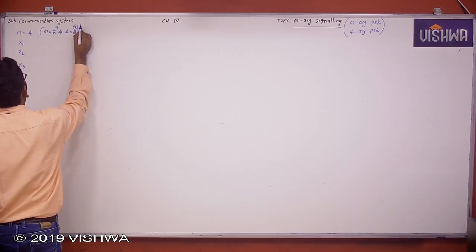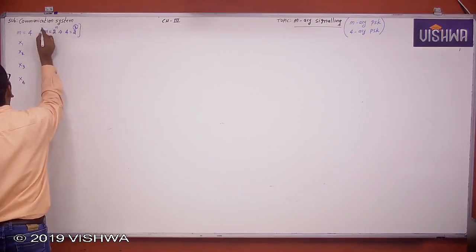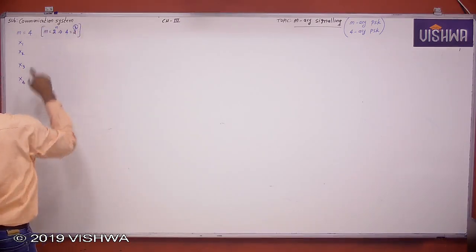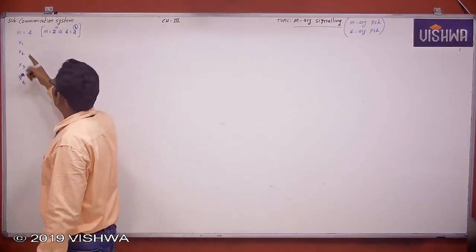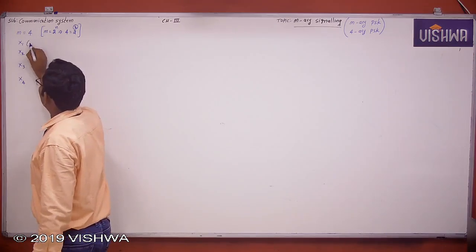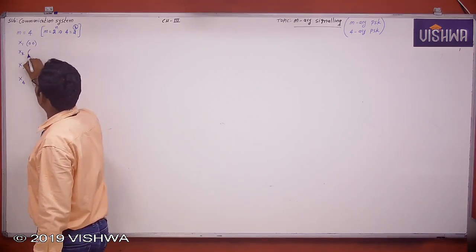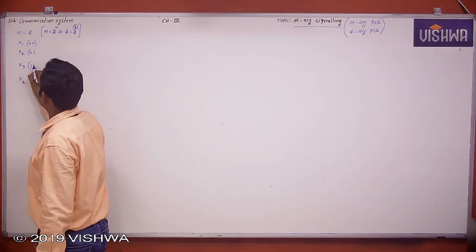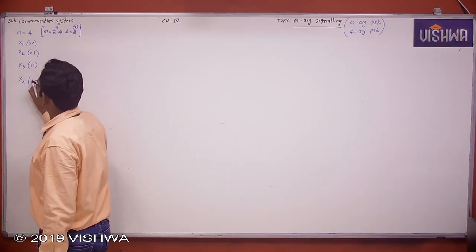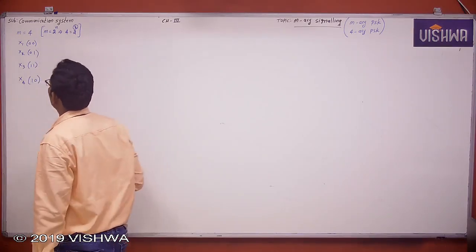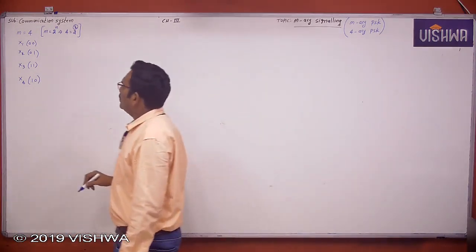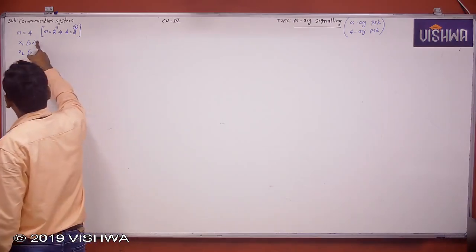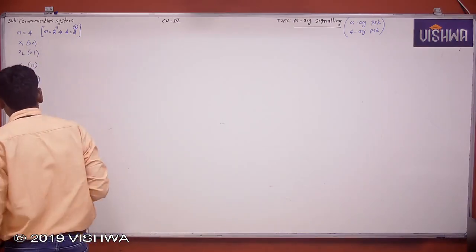Therefore n equals 2, which means 2 bits per symbol. So M equal to 4, 4 symbols, and each symbol is allocated 2 bits.